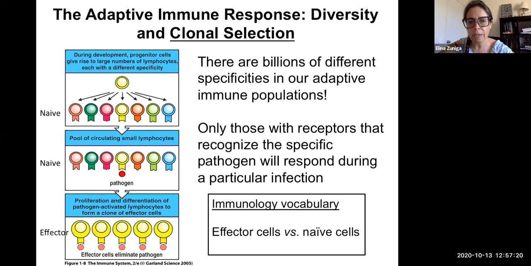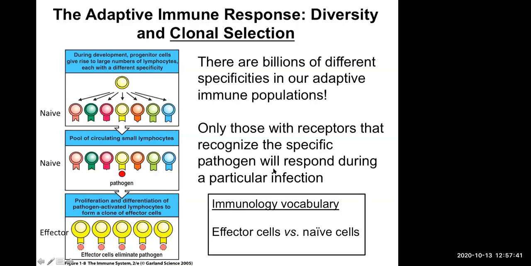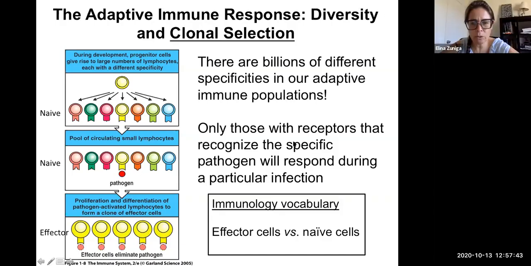And this activated clone will proliferate over several days and also differentiate. So it will change the transcriptional program, acquiring the capacity to execute their function. And now it can be considered an effector. Okay, thank you so much. Sure. Any other question?